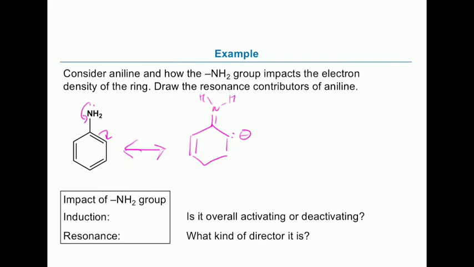If we draw the resonance structure, we're going to have some type of a zwitterionic structure here where we're using the lone pair to donate back into the ring and localize it at one center. Next one is down here, and then one more.